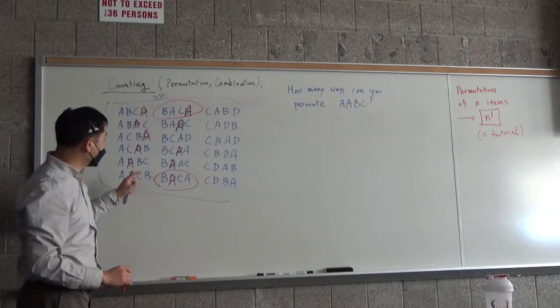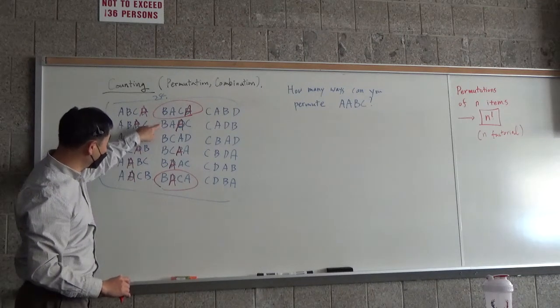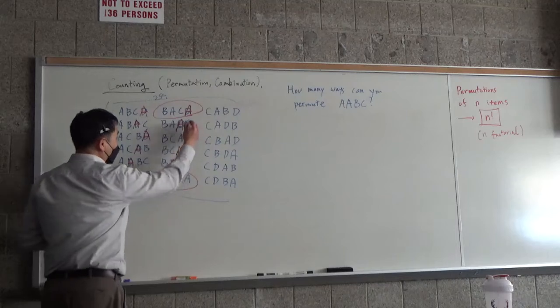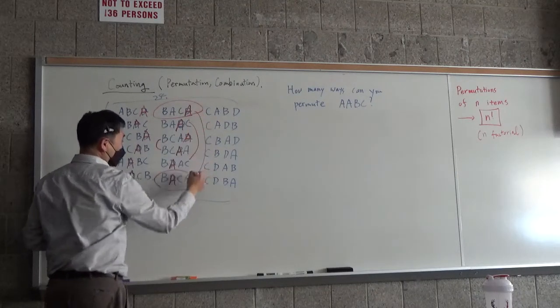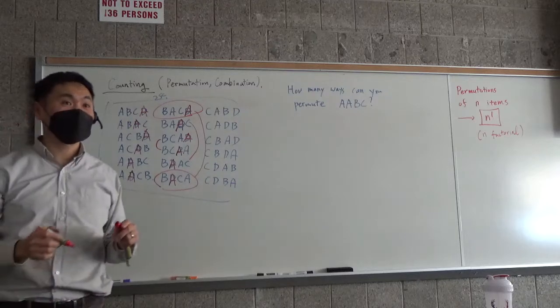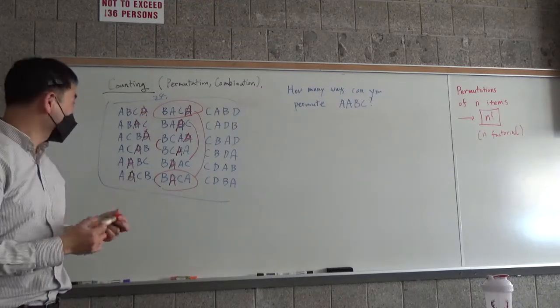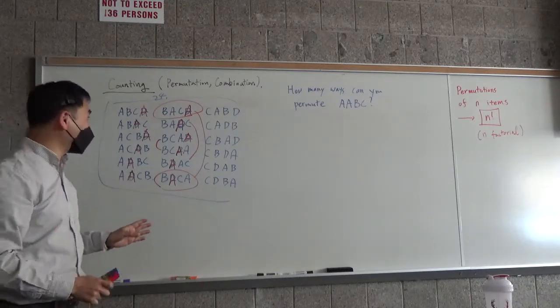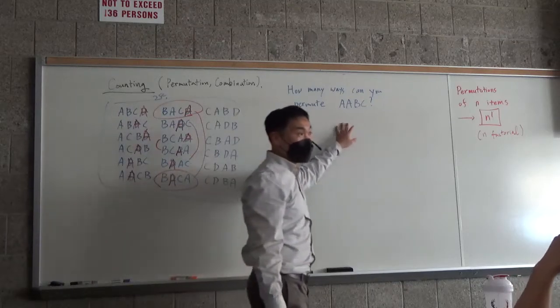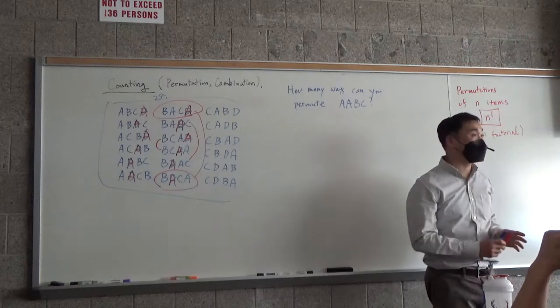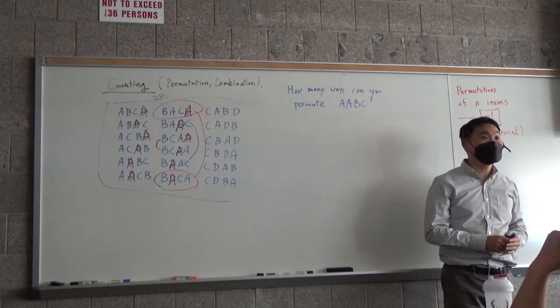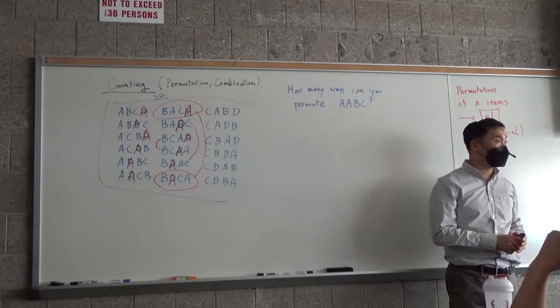And BAAC, BAAC, these two are the same, right? And these two are the same, right? So it's not all 24 that represent different permutations of A, A, B, C, right? You see that there is a 2-to-1 correspondence. Do you agree? There's 2-to-1 correspondence.